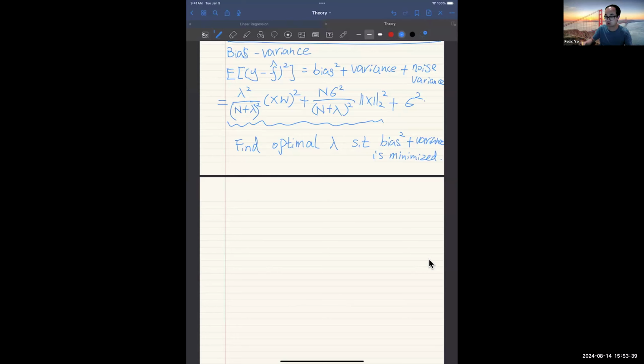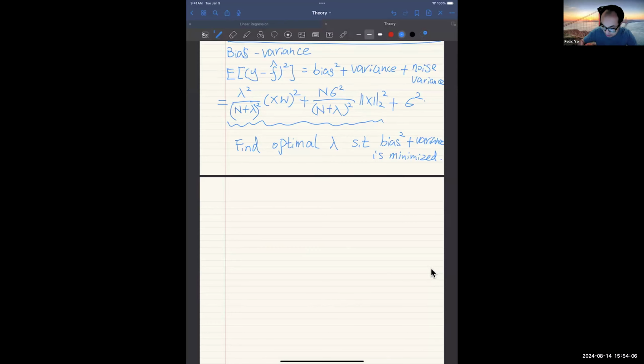And you can be sure this optimal lambda will never be reached when lambda is 0. So that means adding a little bit of ridge penalty, or L2 penalty, will be helpful to reduce the test MSE here.